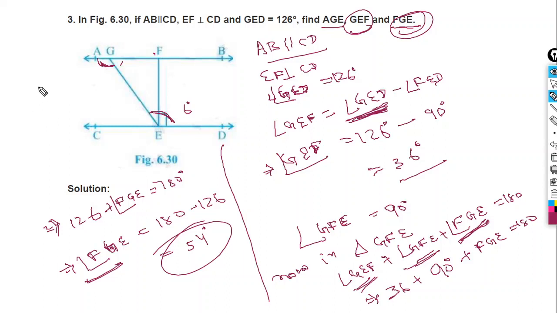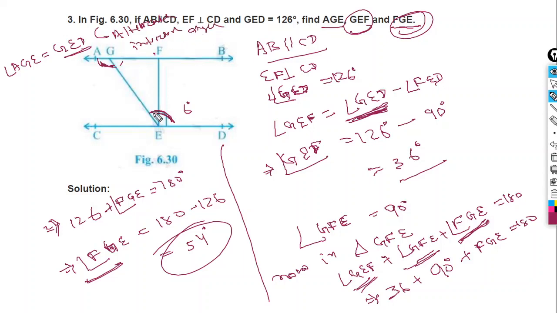Angle AGE is equal to angle GED. Why? You can give the reason: they are alternate interior angles.